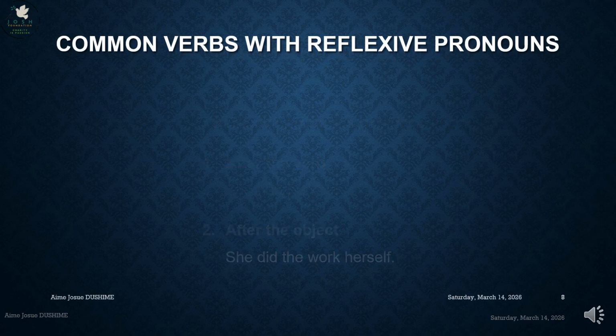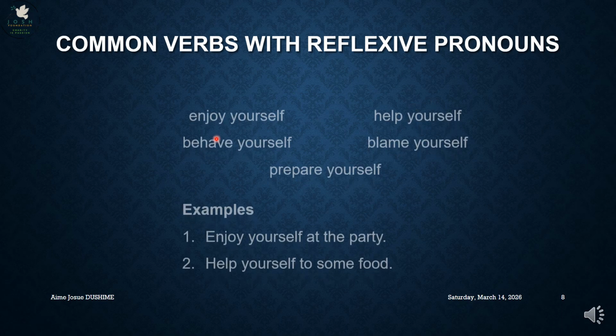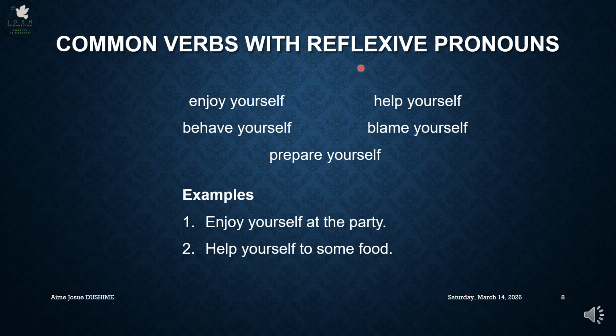Let's see the common verbs with the reflexive pronoun. It's not with any verb that you can use a reflexive pronoun. Let's see some of the verbs where you can. Just some; it doesn't mean these are the only verbs. Enjoy yourself, help yourself, behave yourself, blame yourself, prepare yourself, like that. When I say behave yourself, it's like, hey, have manners, have discipline.